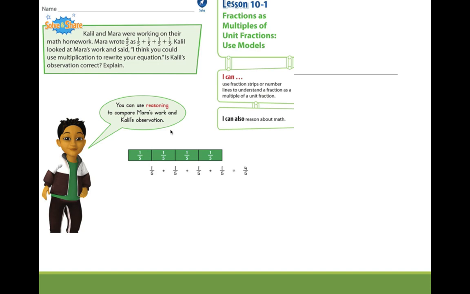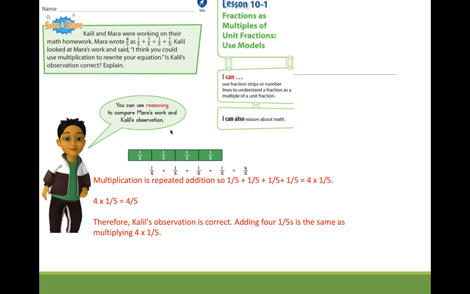Is Khalil correct? Well, what do we know about addition of the same number? We did that with multiplication of whole numbers. We did 4 plus 4 plus 4. You have 4 three times, so you have 3 groups of 4. So repeated addition of 4, you have 3 times 4, which is equal to 4 plus 4 plus 4. The same thing happens with fractions.